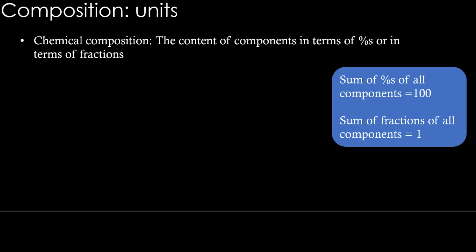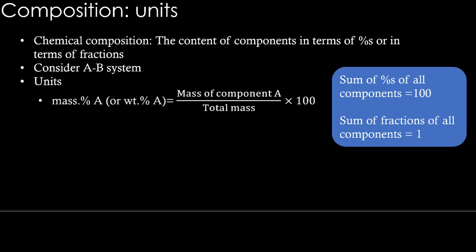Let's consider an AB system. Units are mass percentage of A, that is the first unit we are going to consider, or weight percent of A. Mass and weight are used interchangeably. Mass of component A divided by total mass multiplied by 100, that is the mass percentage of A. Quite simple.